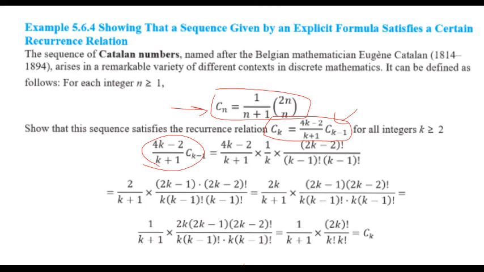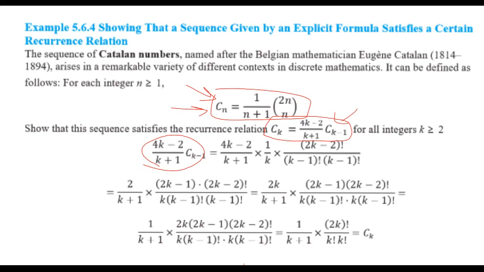And I'm going to simplify it and go further and further until I reach the left hand side of the equation, which is C sub k. So in order to start simplifying the right hand side, I will use the explicit formula or general formula specified here to replace C sub k minus 1.